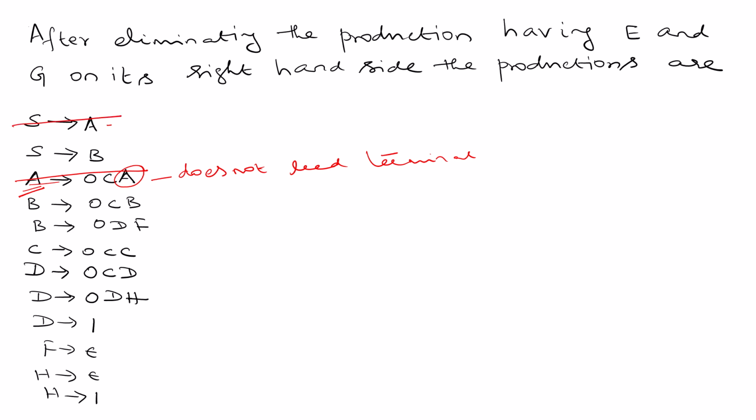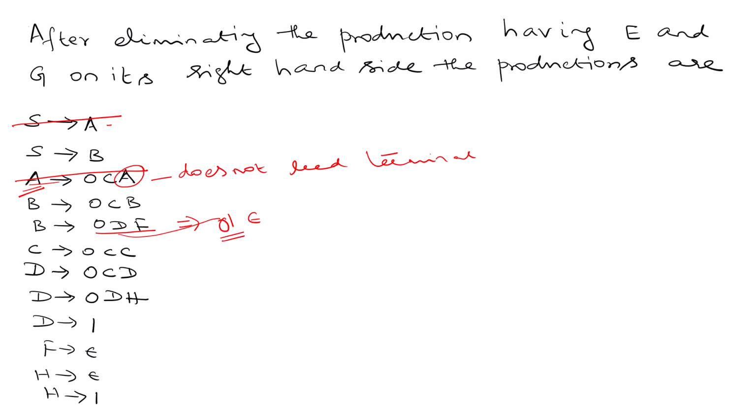And with respect to B, we are having two productions, and in this production we are having B appearing on itself, and for B we are having one more production. We want to check whether this leads to termination. On substituting D for 1 and F for epsilon, it produces the string 01.